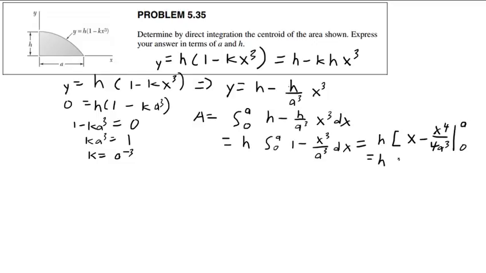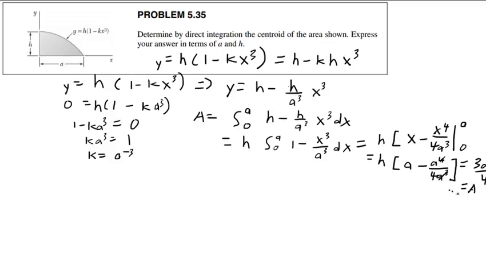That will be h times a minus a to the fourth over 4a to the third, and that goes away there. This all becomes 3/4 a, so that will be 3ah over 4 for the area.